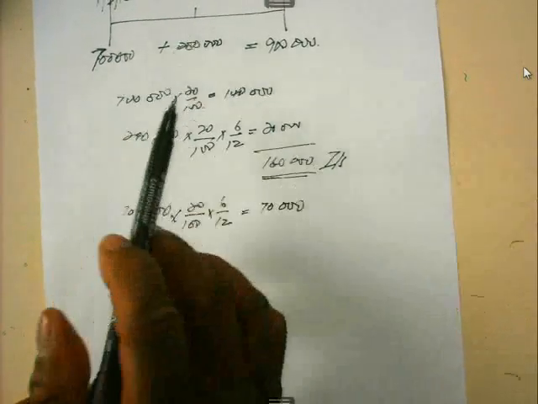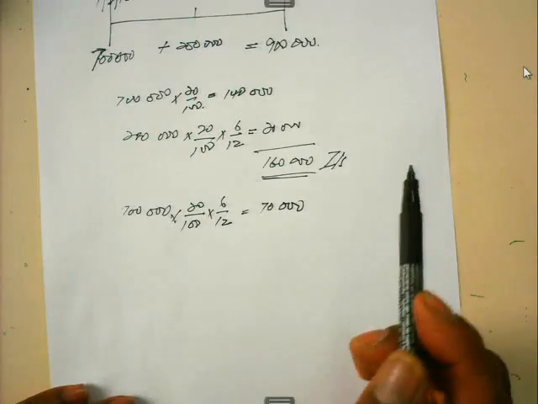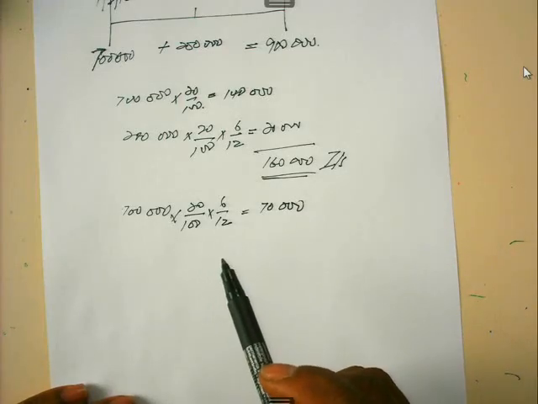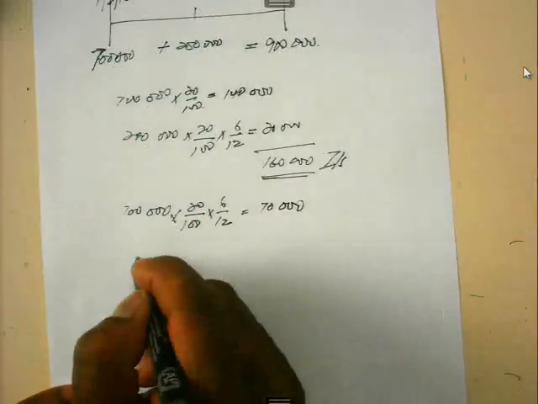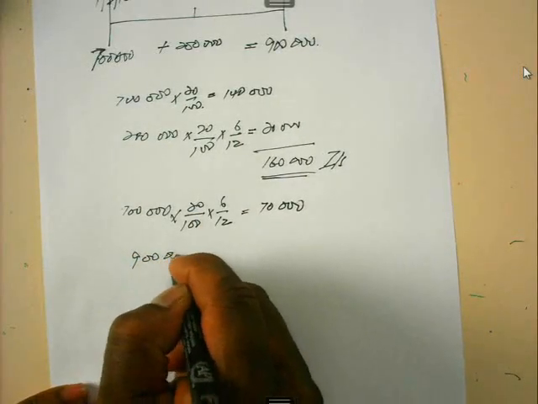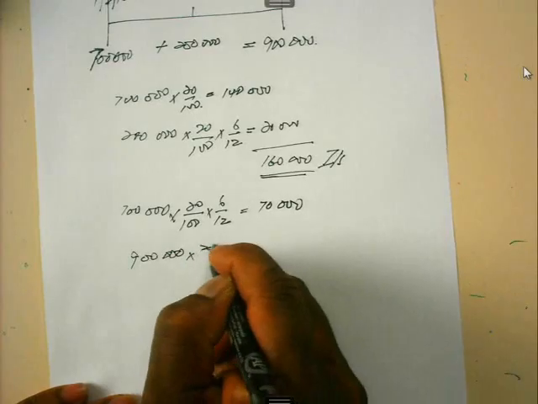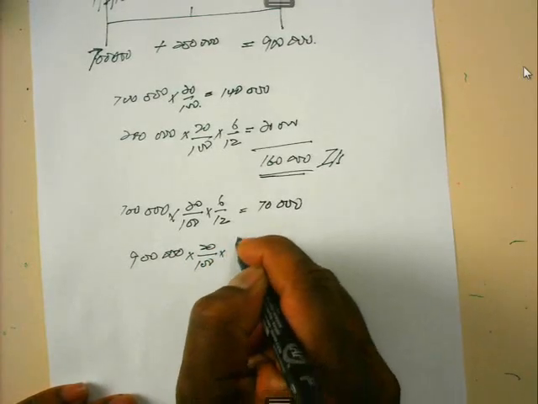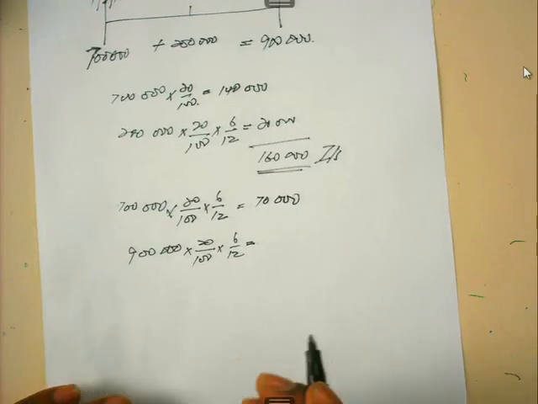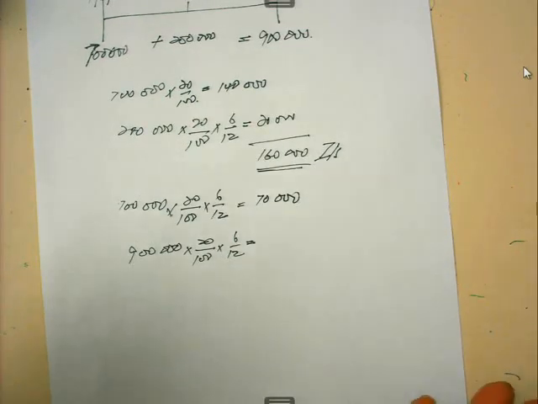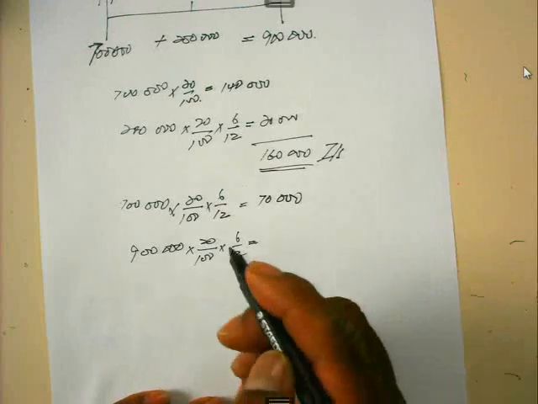And from the 1st of September to February the 28th, the value of your vehicles changed from 700 to 900. So you'll have your 900 here as the capital, 900,000 times 20% times 6 months, which is fair, because that value changed only halfway during the course of the year.